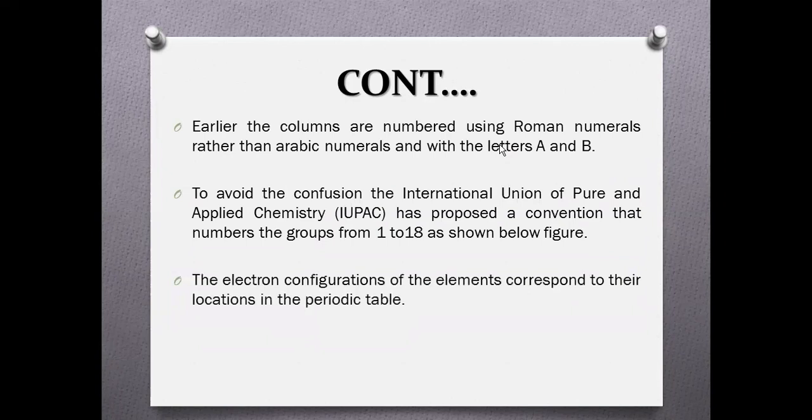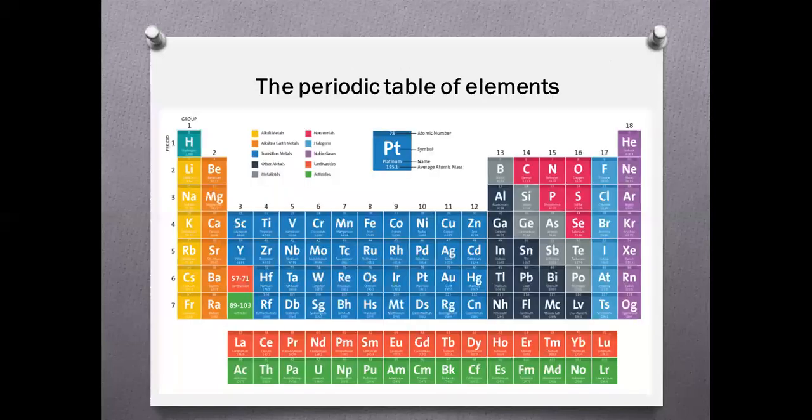So the electron configuration of the elements corresponds to their location in the periodic table. Yes, guys, we already studied electron configurations. When you are writing the electron configuration, you should know the atomic number. That atomic number is the location in the periodic table. Can you see how they are numbered, how they are arranged?